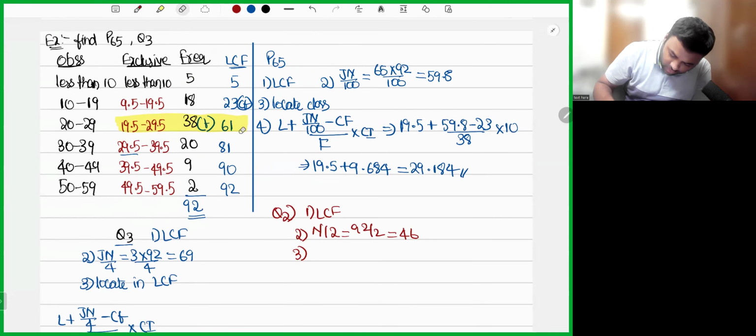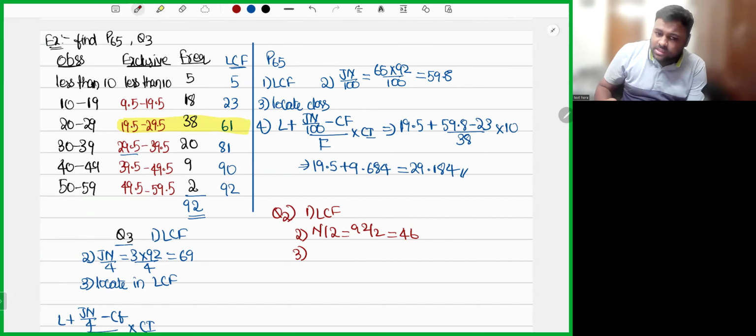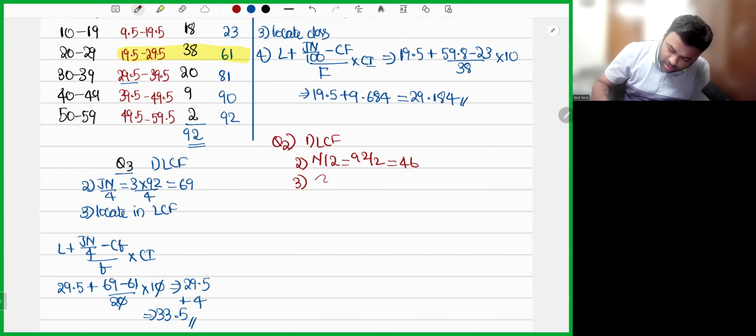Next, third step, you locate the class. Where is the class here? 46. Again, sir, this is the same class. This is the quartile 2 class. Though quartile 2 is not asked, we are doing it. Next, apply the formula L plus n by 2 minus CF whole divided by F into class interval.